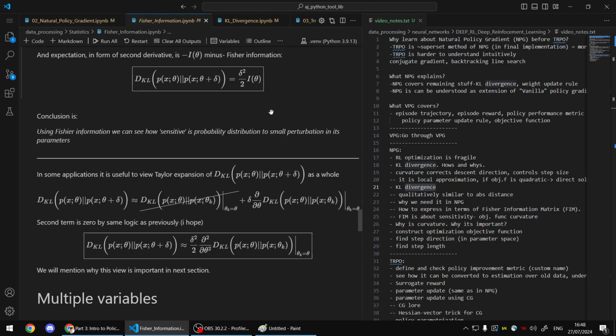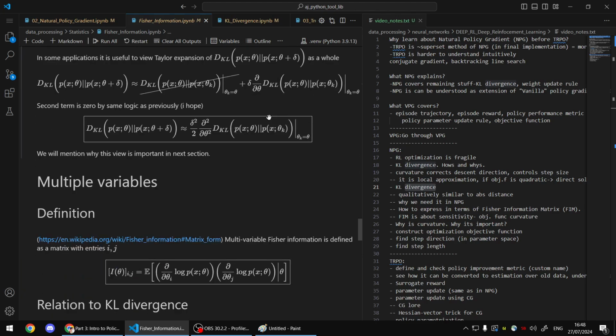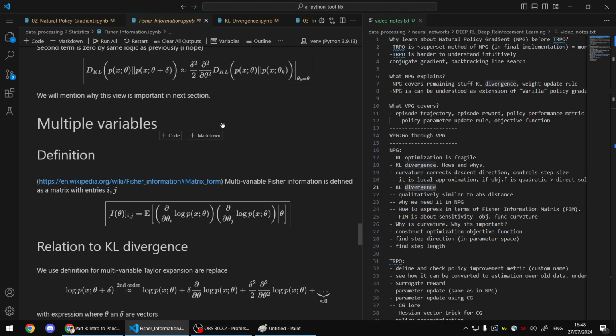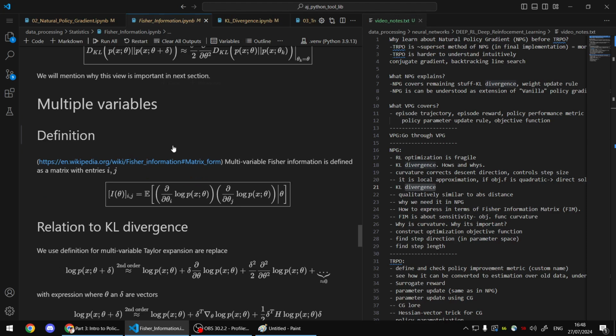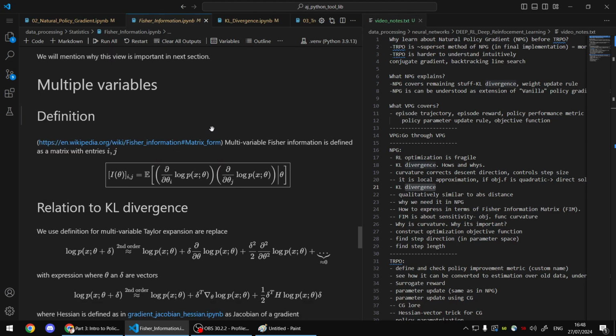So it's cool. Well, except our problem has multiple parameters; effectively we'll have hundreds of control parameters in our neural networks. So we have to consider the multi-variable case.